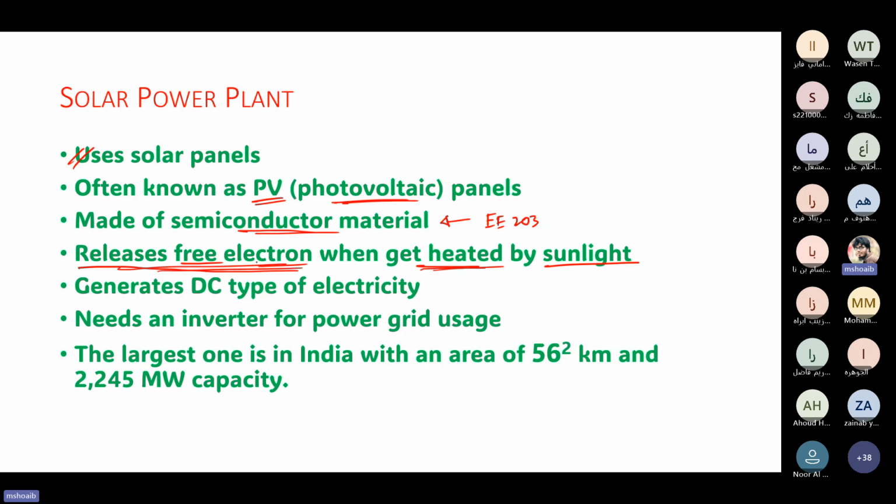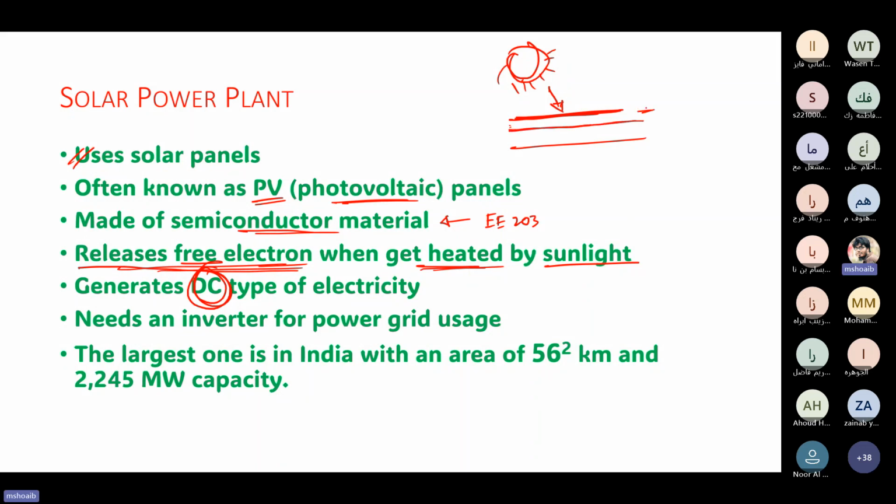This free electron flow is in the form of DC, so directly we get the electricity supply. You don't need to convert it. You don't need any rotor to rotate, any stator, any field, any armature, nuclear reactor, nothing. You just need a solar panel. The sun is over your head, and this sunlight comes, and based on the property of the panel, it has two layers. The top layer is heavily doped.